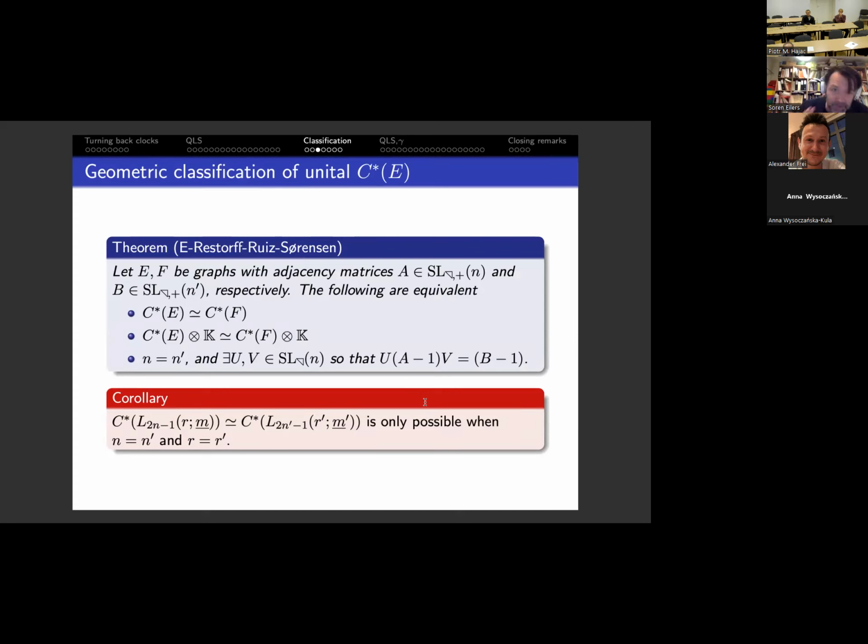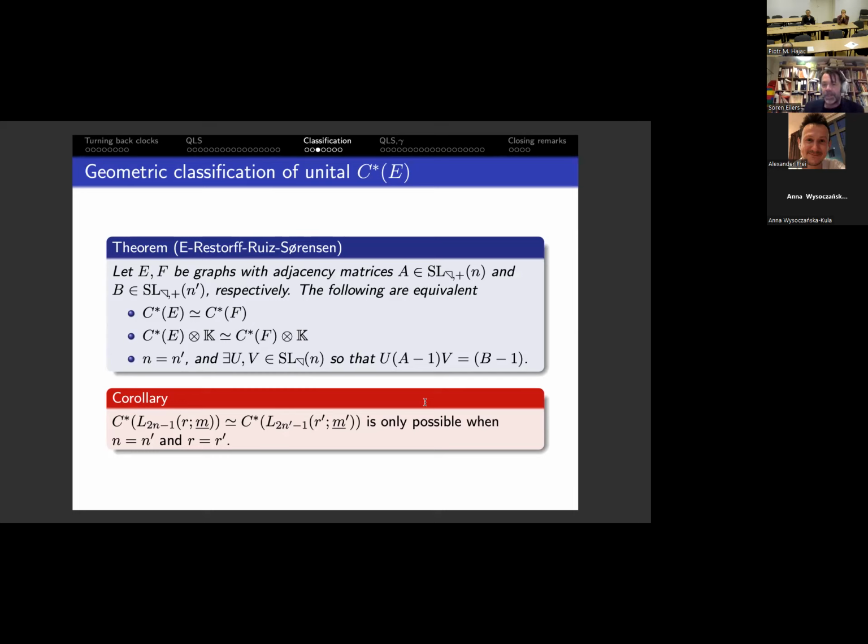So in this particular case, suppose that I have graphs E and F. They have adjacency matrices A and B that come of this special form, then the C-star algebras will be isomorphic precisely if the C-star algebras are stably isomorphic, precisely if the sizes are the same, and I can find U and V that are SL matrices, not necessarily positive, so that if I look at U times A minus 1 times V, I get B minus 1.